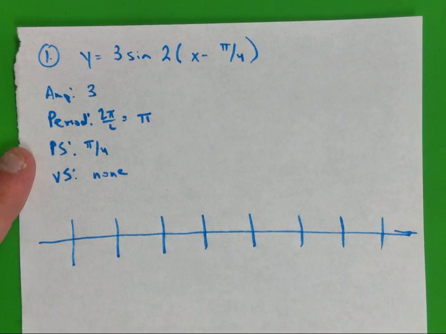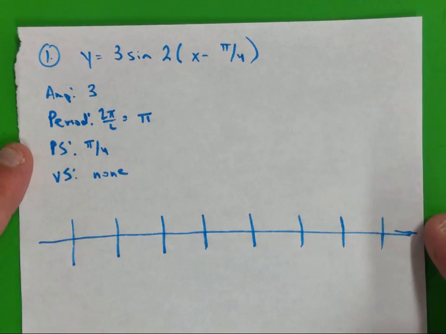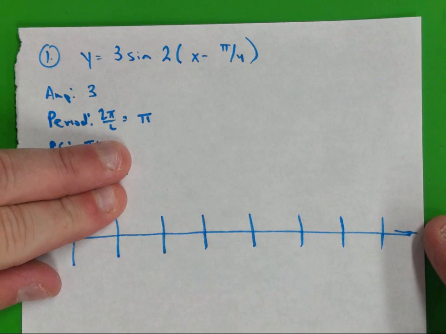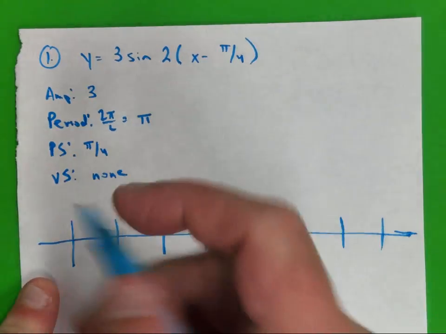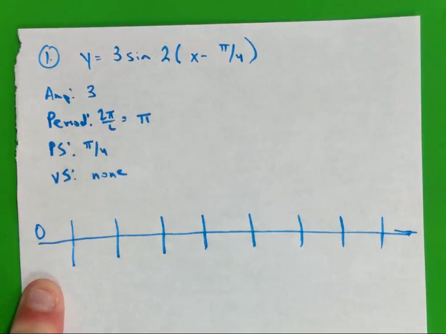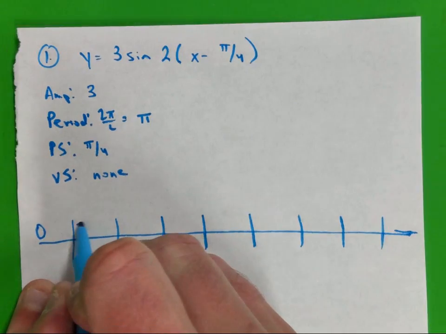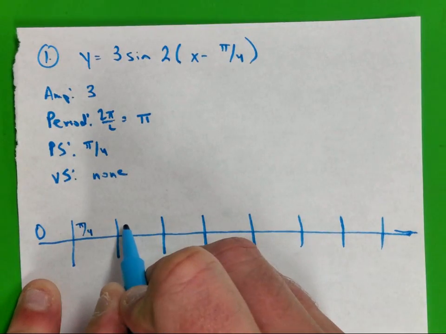You have 9 spots in the top of the chart. Remember, we only graph as if we had the amplitude and the period. Okay? You always start at 0. You take your period and divide it by what? What number did we take that and divide that by? 4. So you start with pi over 4 and go up by pi over 4.